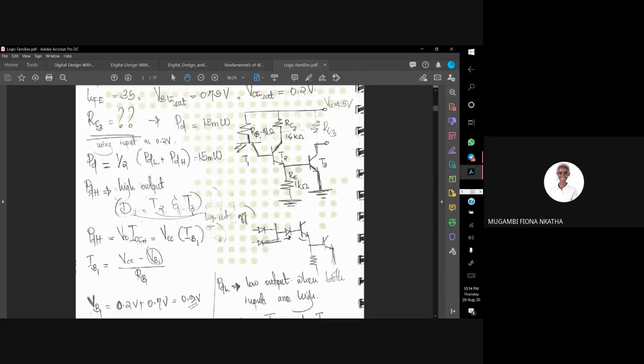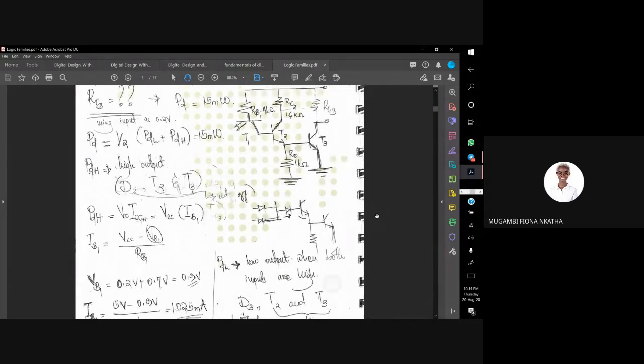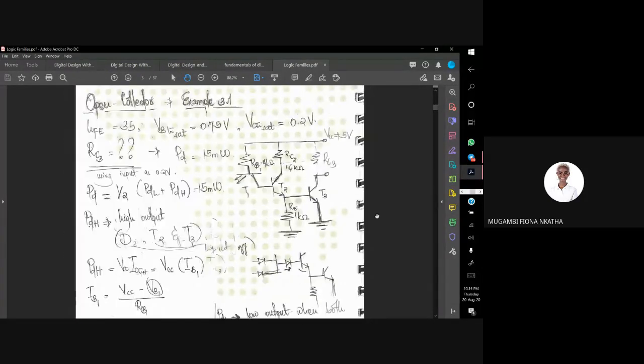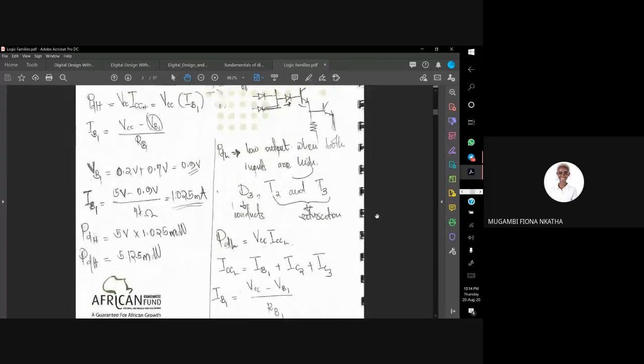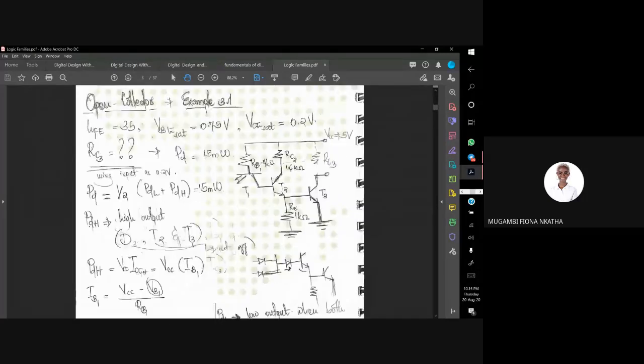It will be equal to IB1 plus IC2 plus now the IC3, which will go through the RC3, which we don't know about. The IB1 going to RB1, the IC2 going to RC2, and the IC3, which will go to the resistor value we're looking for. So that's where we are going to have an algebraic expression.